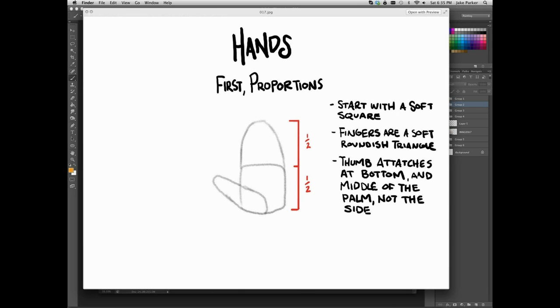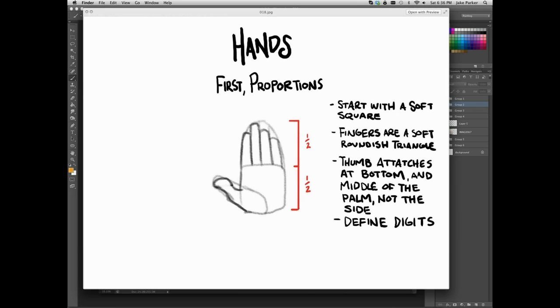No. That joint goes all the way to the center of your hand, and that is why they say we have these opposable thumbs. The thumb can reach around and grab things. It can touch its pinky. It can touch the base of the pinky. It can almost touch the other side of the palm. And so there's a whole lot of range of movement there. And that is important to remember when you're drawing the base structure of the hand.